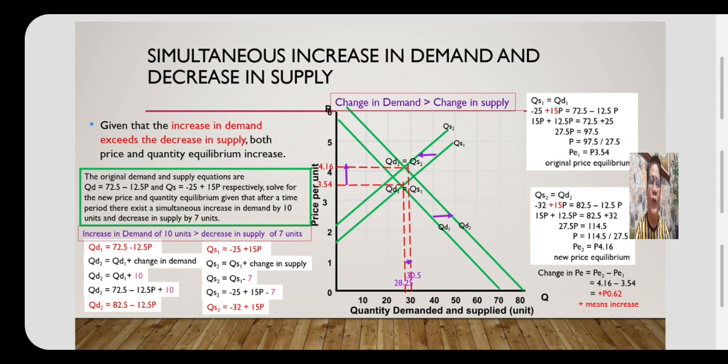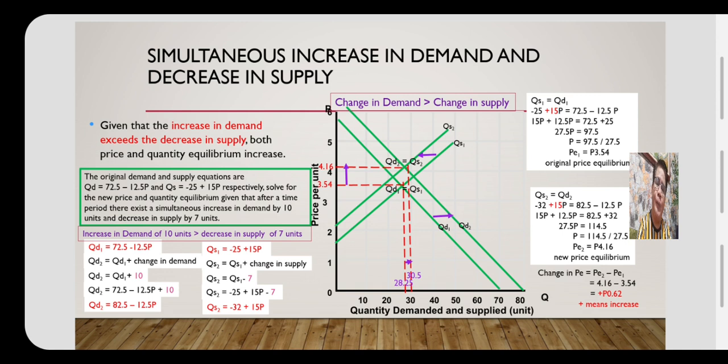So 72.5 minus 12.5p plus 10, to simplify, will equal 82.5 minus 12.5p, which is the new demand equation. So the new demand equation now is QD sub 2 equals 82.5 minus 12.5p.